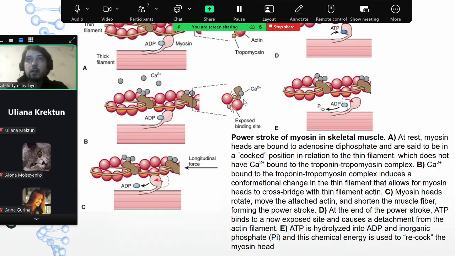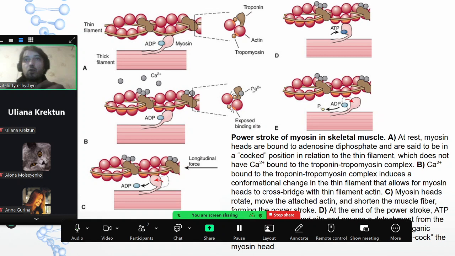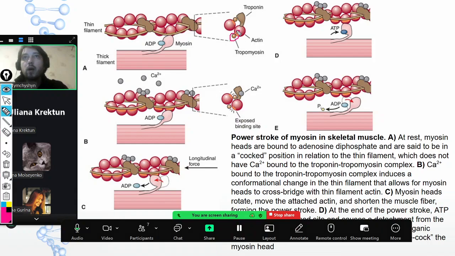You see that this calcium release exposes the binding sites. Here you see the tropomyosin is hiding the binding site. Now you have calcium interacting with the troponin, the conformation is changed, and here you see this active site revealed.